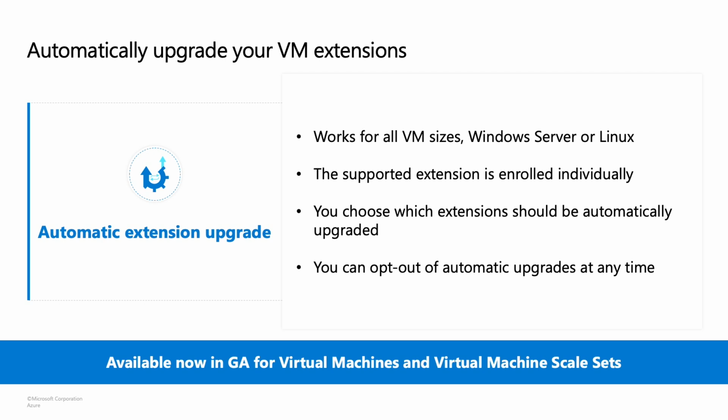With automatic VM extension upgrades, we will update your extension when a new version is rolled out. You choose which extensions you want to automatically upgrade, and you can also opt out anytime you like. And this is also available in GA with VMSS and for VMs.